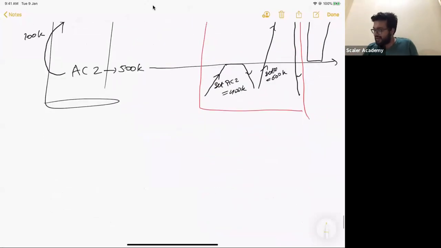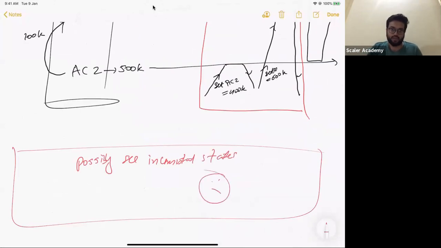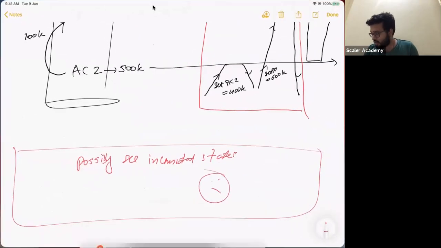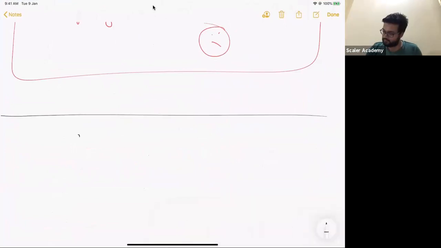The problem here, let me write the problem also, is that you will possibly see inconsistent states, which can again make you unhappy. Cool. Let's now move to the third isolation level that we wanted to discuss, and that is snapshot.